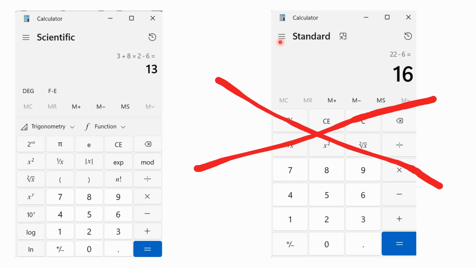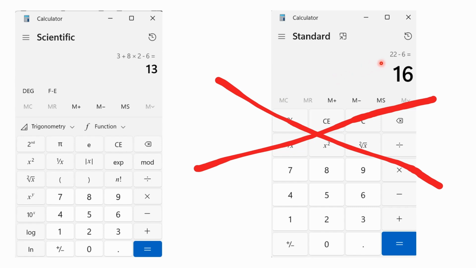Now, if you take that calculator on a Windows computer, put it into scientific mode, then it works in expression mode. And what I mean by expression mode is that you can enter the entire expression, just as I did here, 3 plus 8 times 2 minus 6. And then it does not do the equals until you press the equals key on the calculator. The big difference is that standard mode doesn't care.